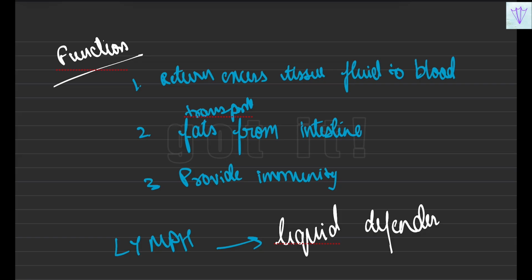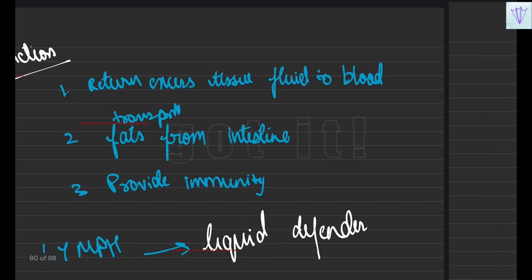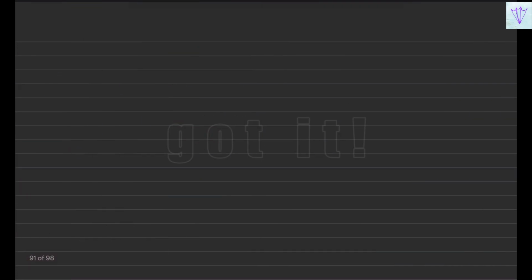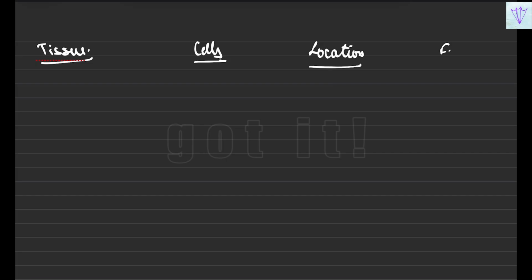Okay, so with this we have come to an end of our connective tissue part. So what have we studied? We have studied the tissues, the cells which are present in it, their location, and the function they perform, which is what we have studied in brief. So what all we have studied?